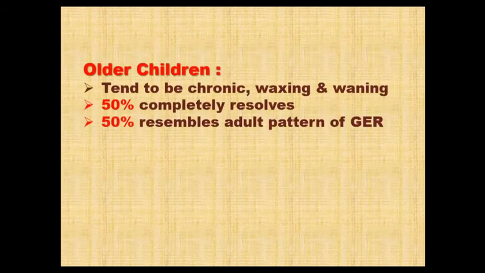In older children, it tends to be chronic, with waxing and waning symptoms, relapsing and remission, going and coming back. 50% of them completely resolve, and 50% resemble the adult pattern of gastroesophageal reflux.